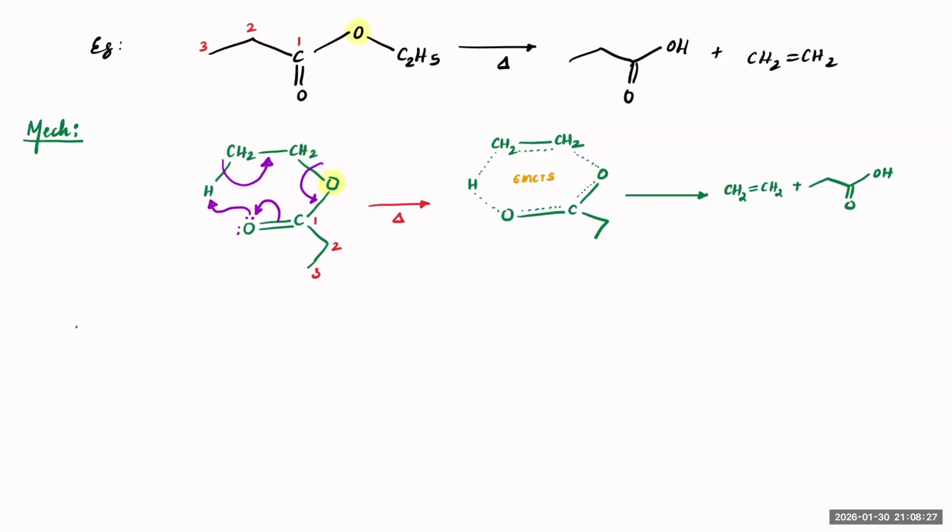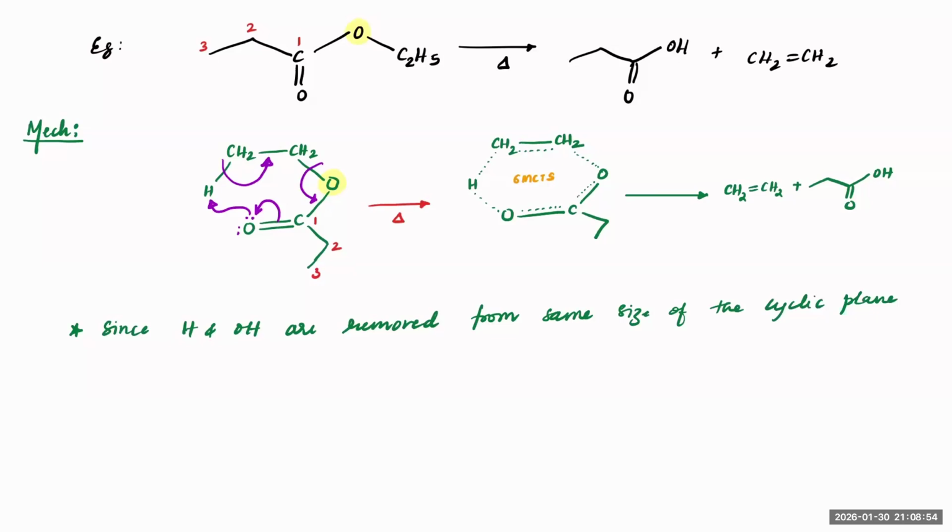So we can say that since hydrogen and OH are removed from the same side of the cyclic plane, it is undergoing syn elimination.